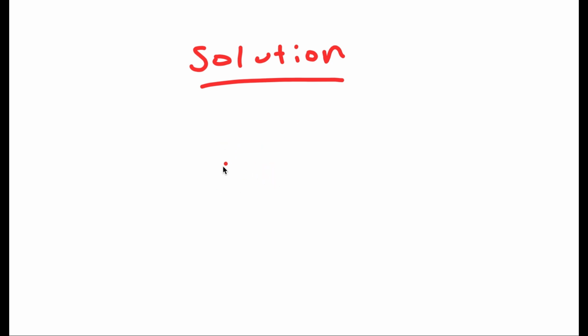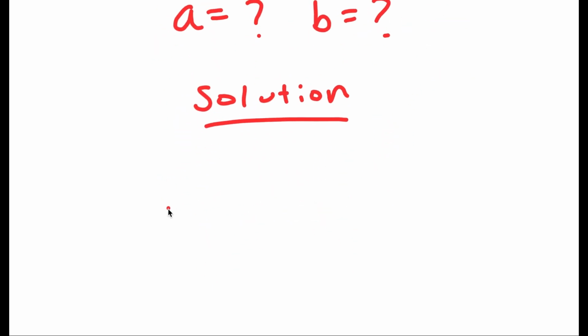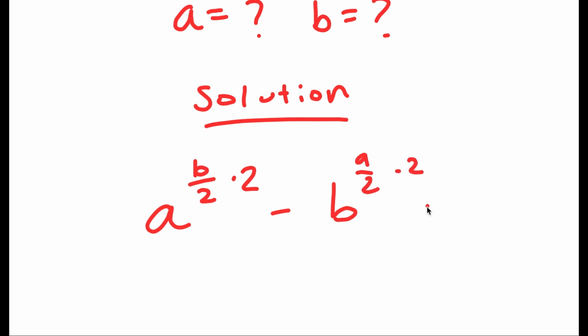I'm going to first start by rewriting this as a to the power of b over 2 times 2. And I have this minus b to the power of a over 2 times 2. And this is the same thing because these two cancel out at the end anyways.